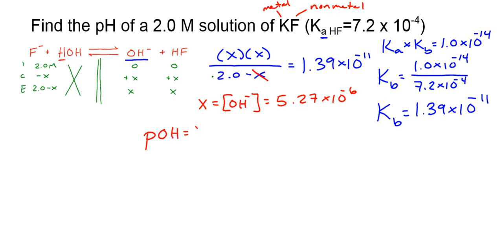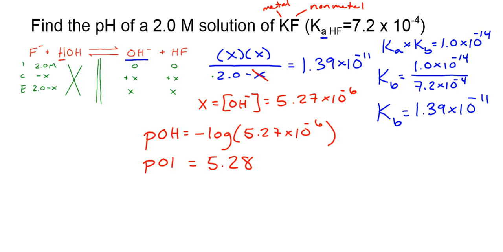pOH equals negative log of the concentration of OH minus. And that'll get me 5.28. For some of you, you will stop right there. Please understand that if this is a basic problem, it should be greater than 7. So that should strike you as odd.